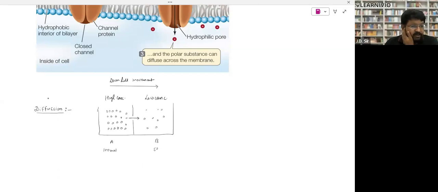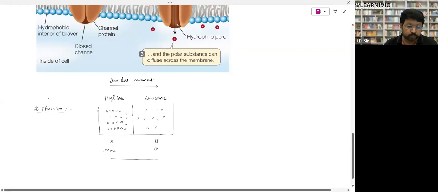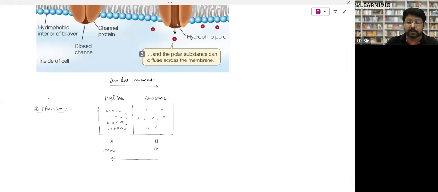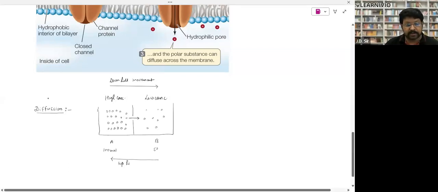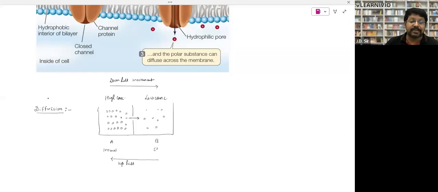And sometimes, suppose that you don't want this process, you want this process to be reversed. That is also possible, but that cannot be done naturally. We need to put some force at the point of B, then this process can also take place. This is called uphill, and sometimes this process takes place, right? When the uphill movement of molecules takes place, it is against the concentration gradient.